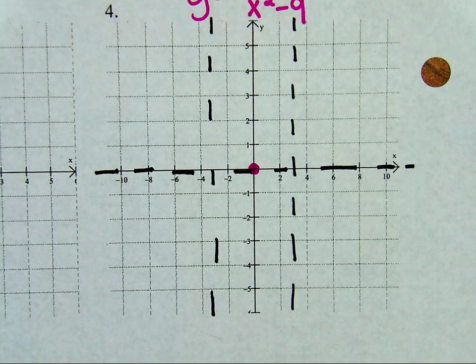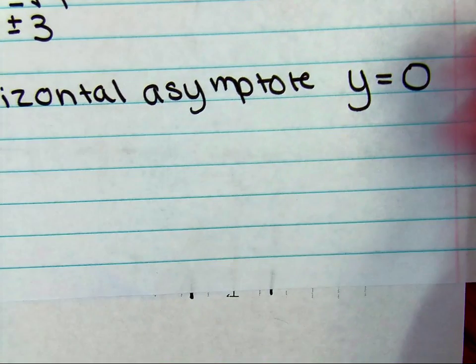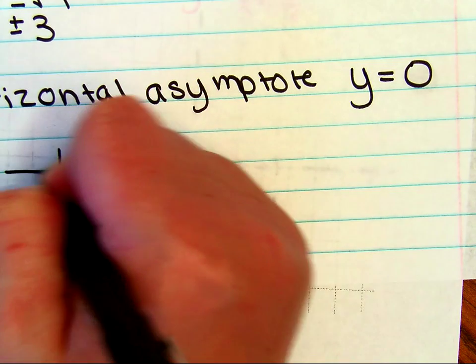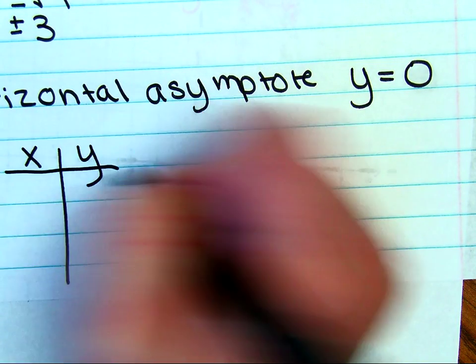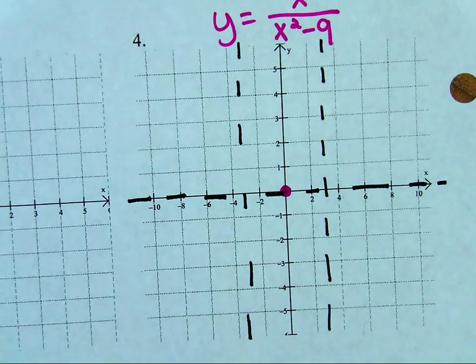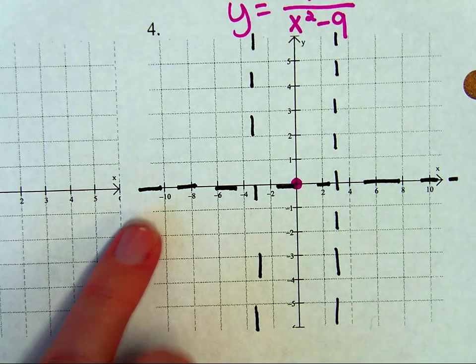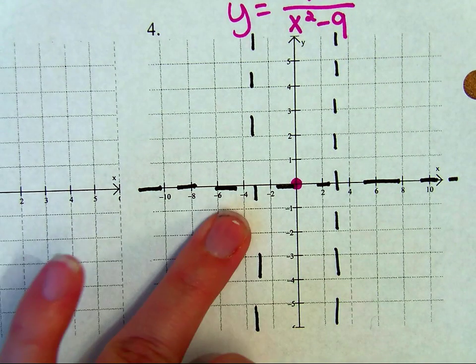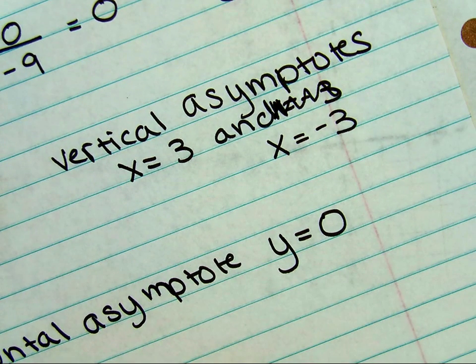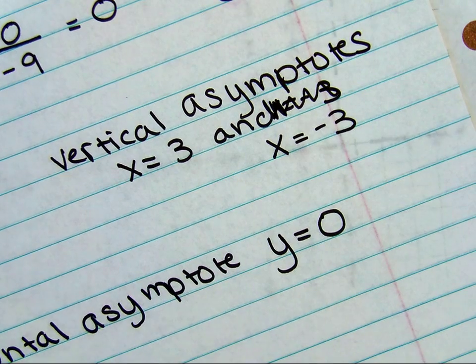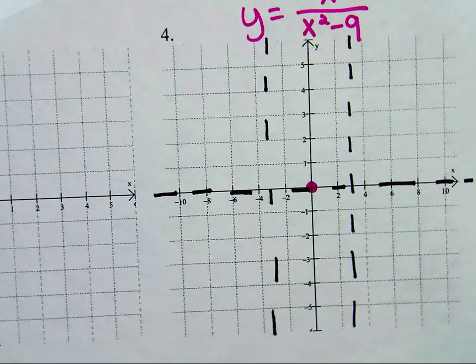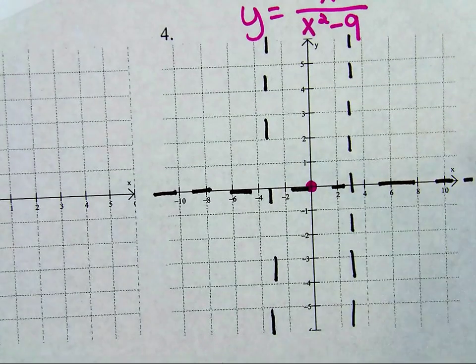Going back to my paper for part E, I'm going to draw an XY table. Looking at this, we'll start with the far left. I think I'm going to pick -10 and -6. Then for this middle section, I'm going to pick -2 and +2.